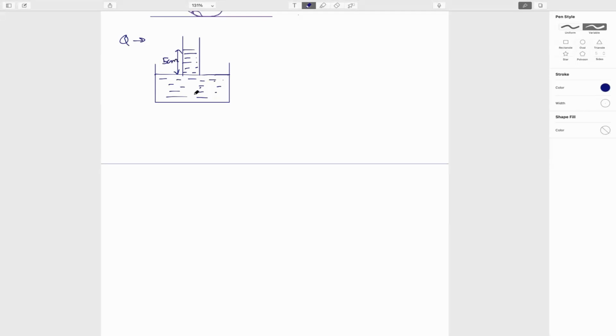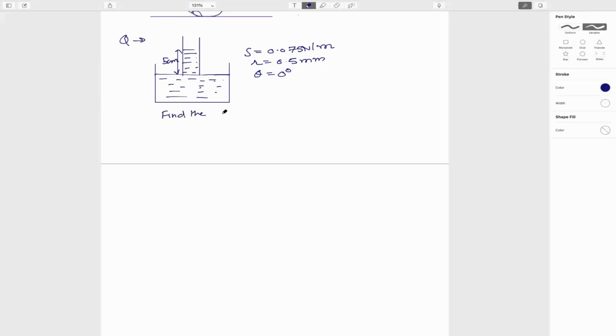Surface tension of water is 0.075 Newton per meter. Radius of tube is 0.5 mm, theta is 0 degree. Then find the difference in pressure.